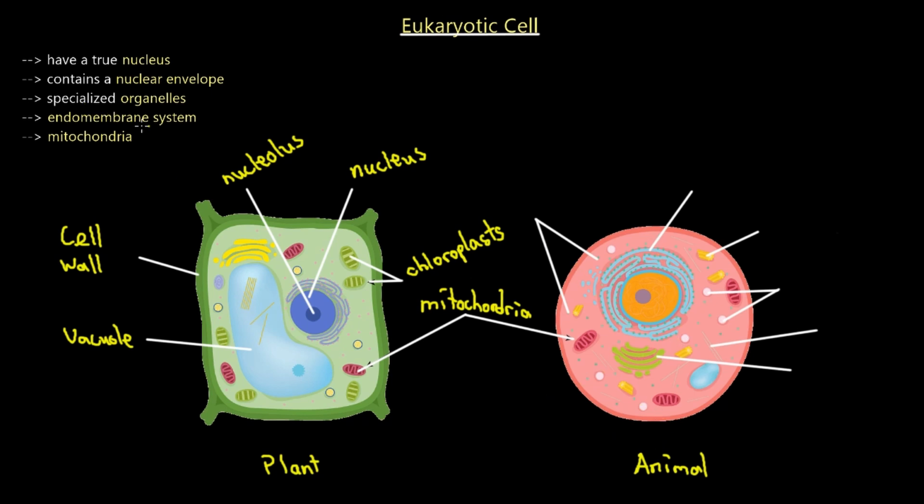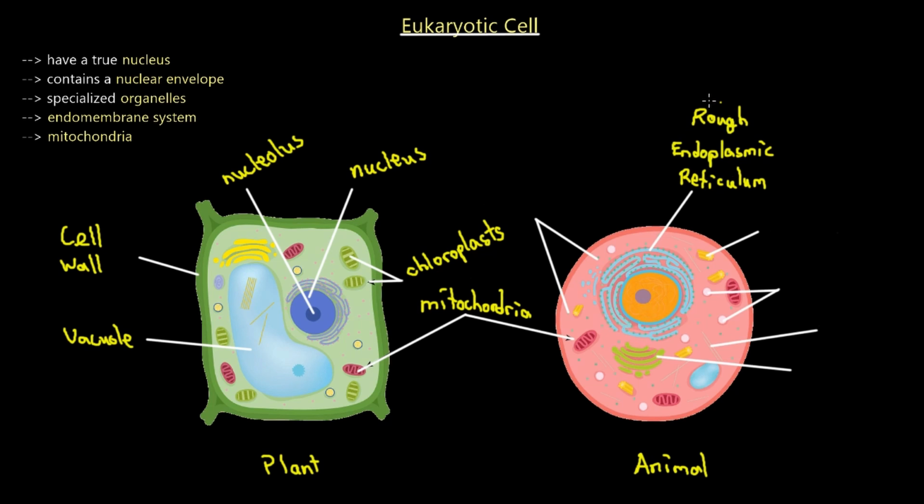Now, if we're looking at this endomembrane system that I've mentioned previously, let's talk about what that is and what structures it involves. So here we have the endoplasmic reticulum. Typically that would just be called the ER. All these little dots around it make it a rough endoplasmic reticulum, rough meaning that it has ribosomes attached to it.